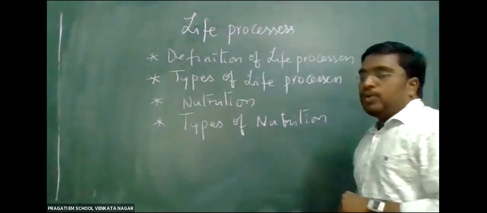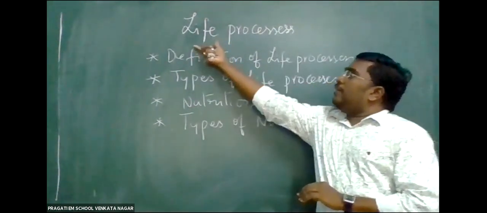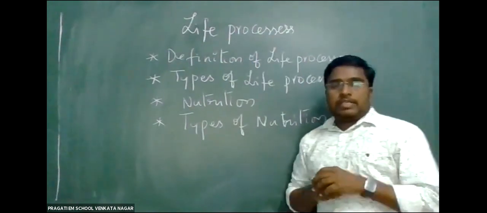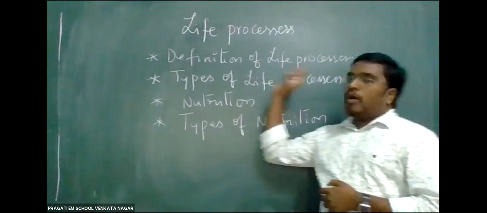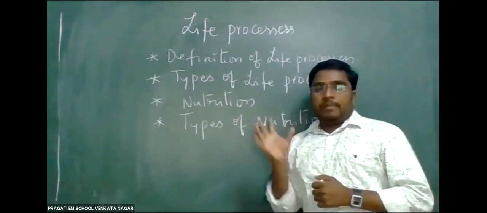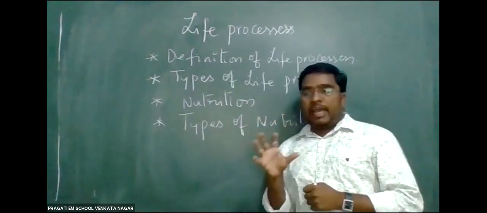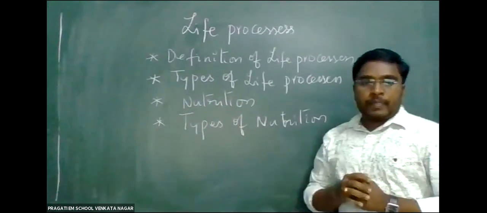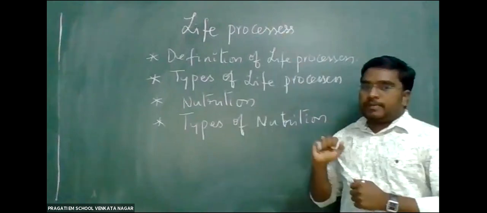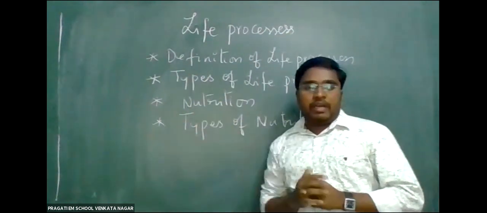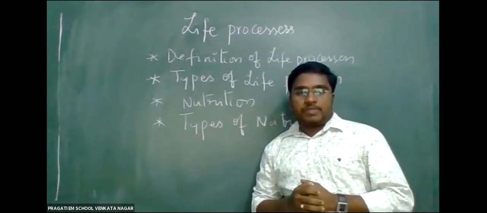Okay children, look here, life processes. Some processes happen in an organism. Some basic functions or metabolic activities are considered processes. An organism which has life is called a living organism.